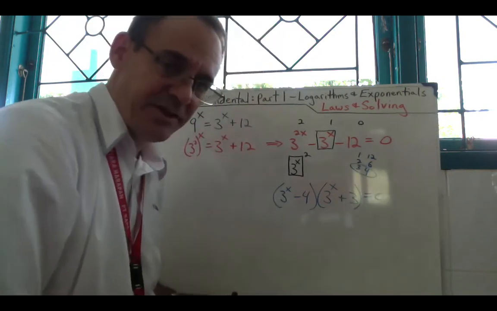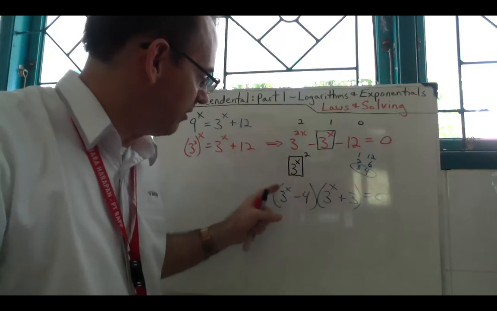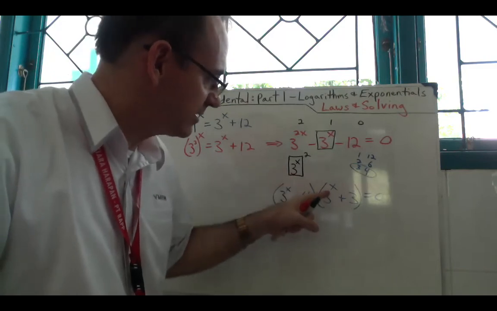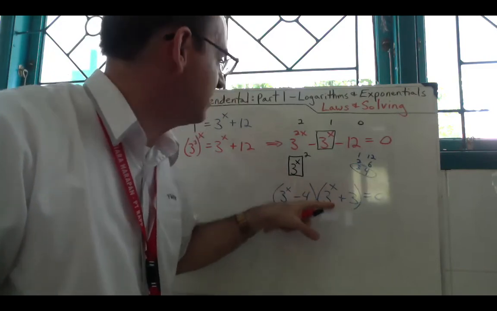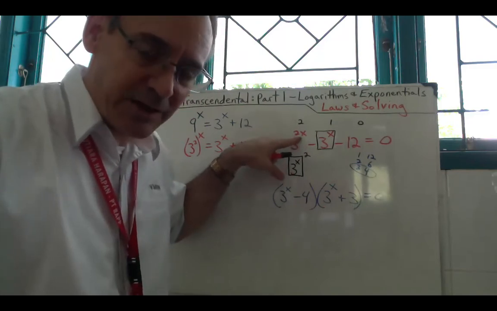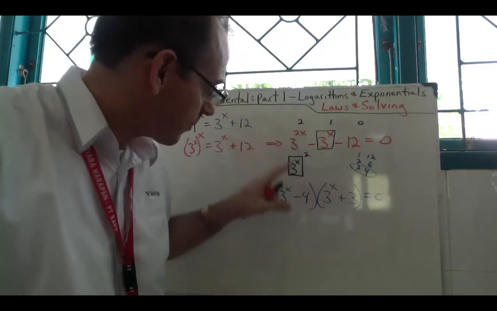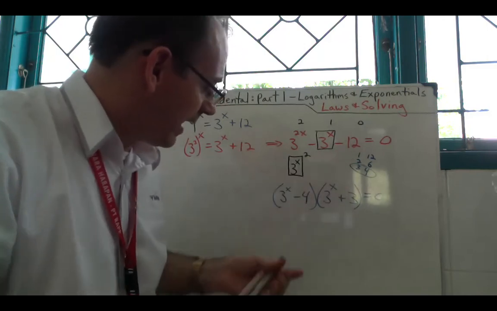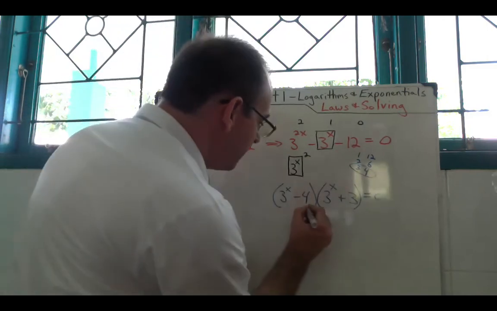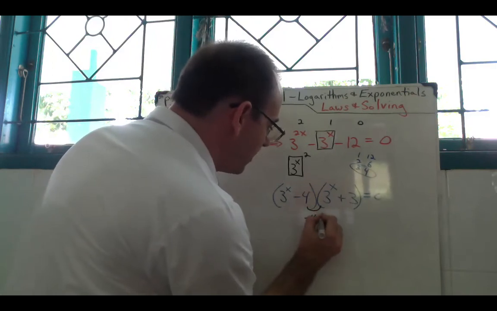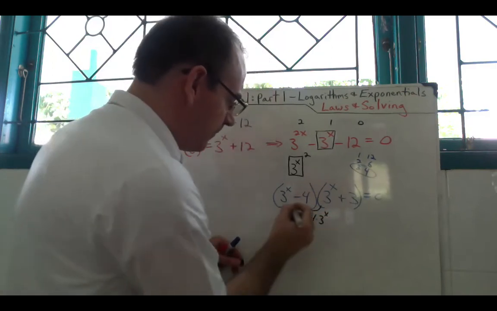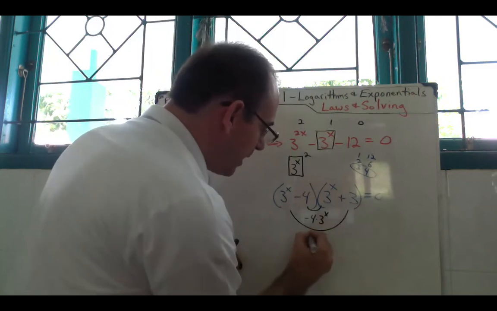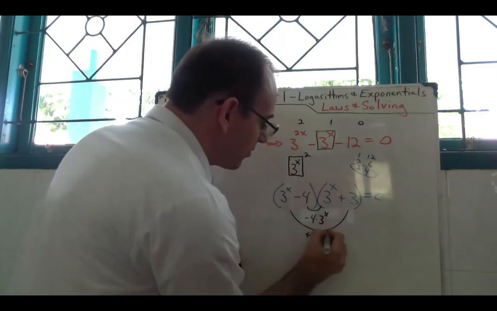Let's just check this out. When we multiply 3 to the x times 3 to the x, when you multiply like bases, you add exponents. x plus x is 2x. -4 times 3 is -12. We have a -4, 3 to the x, and we have a +3, 3 to the x.